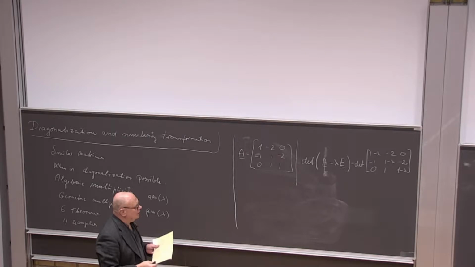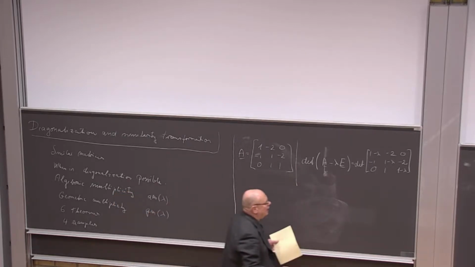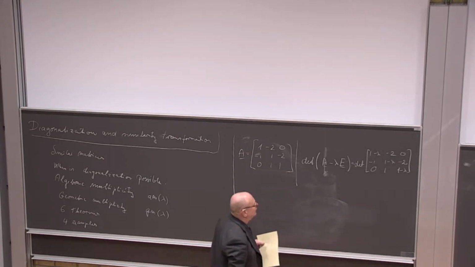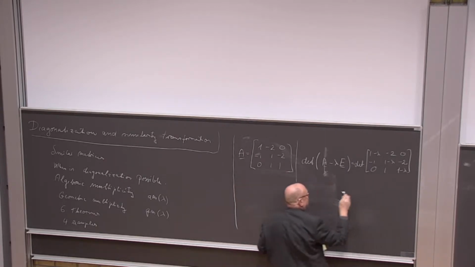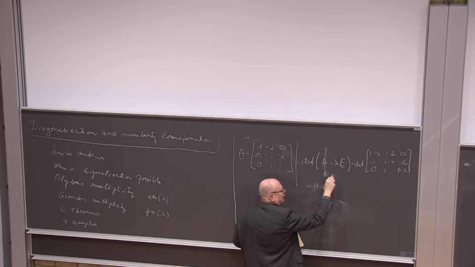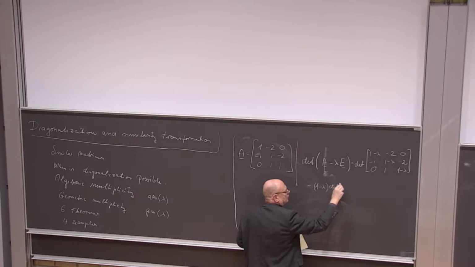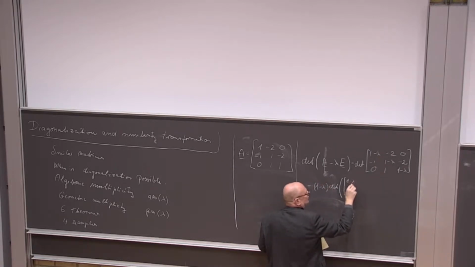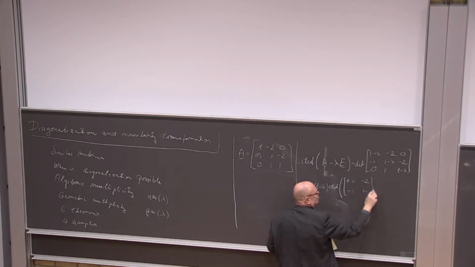Okay, I have a 0 here, so I could make an expansion along the last column, and this will give me 1 minus lambda, and then the determinant of this submatrix here, that is 1 minus lambda, minus 2, minus 1, 1 minus lambda.